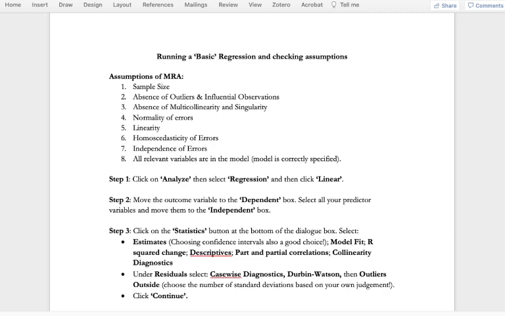Now, the next thing is normality of errors. You'll notice that if you look at all of these things in here, there's no normality. The data itself doesn't have to be normal. That is one of the strong points of regression: you can do it with non-normal data. But instead, we need the normality of errors. Essentially, we don't want this trend line to be worse for certain values than for others.